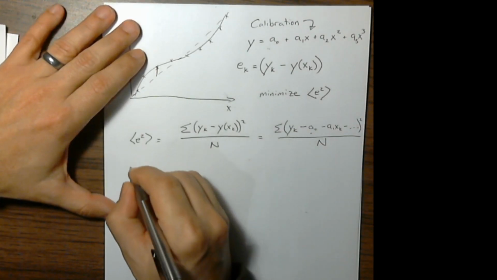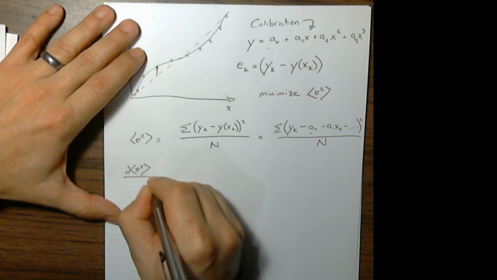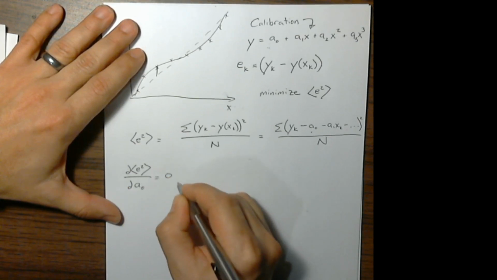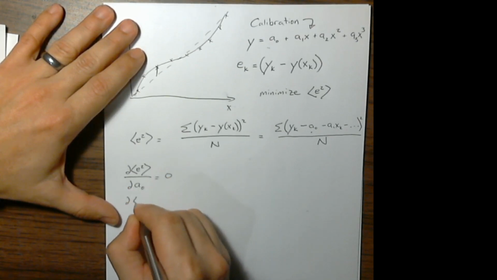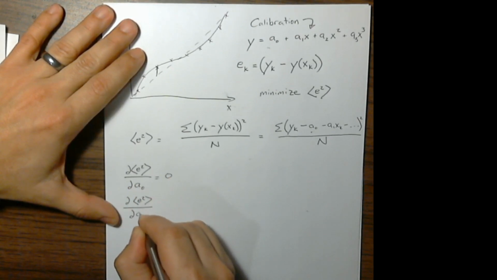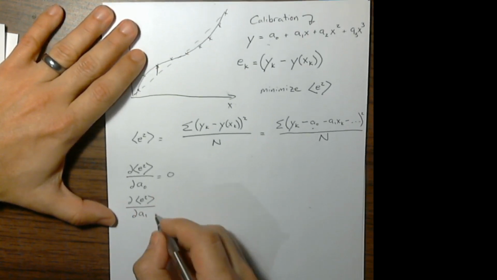So in other words, the partial derivative of the expected value of error squared with respect to each of these is equal to 0.